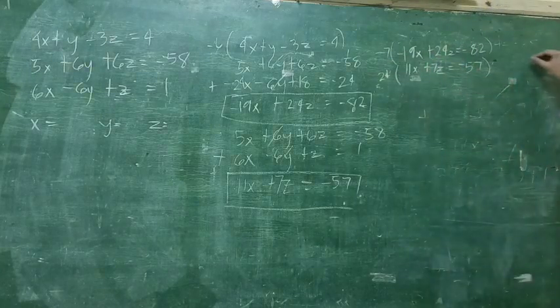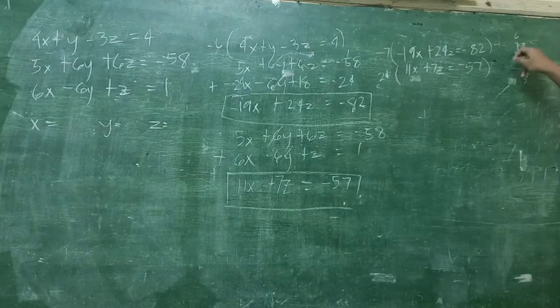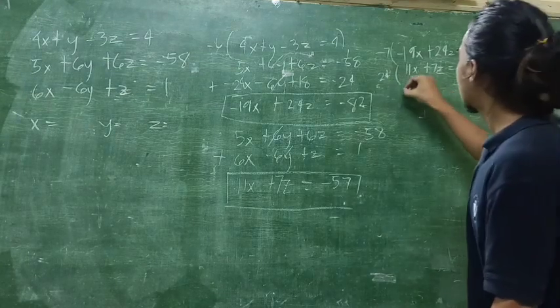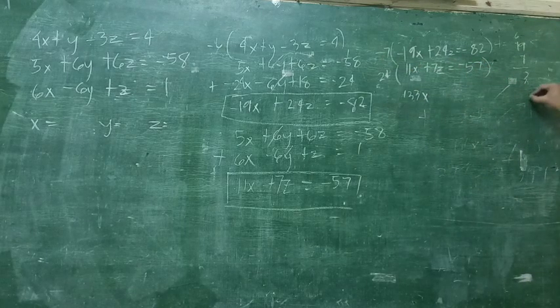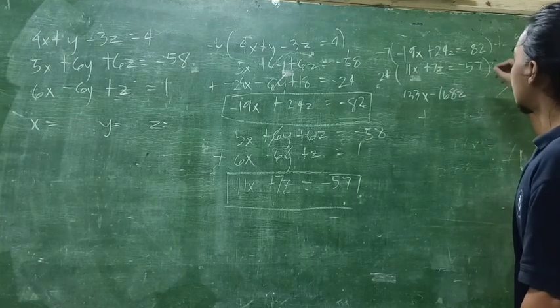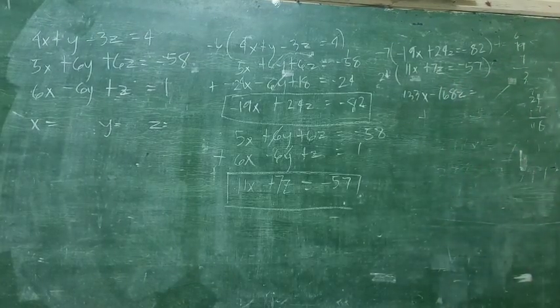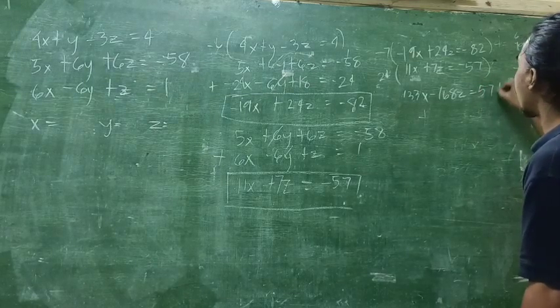So 7 times 19 is 133x, negative 7 times 24 is negative 168z, equals 7 times negative 82, which is negative 574.